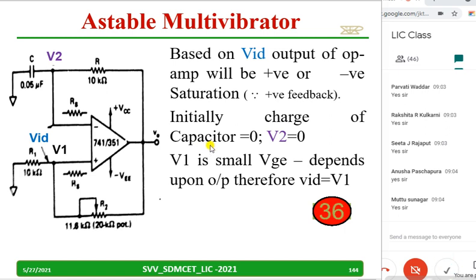Then we will go to the working: how actually I will get a square wave from this? That we are going to discuss now. Only note down VC equal to 0, V2 equal to 0, V1 equal to a small voltage, therefore VID equal to V1.